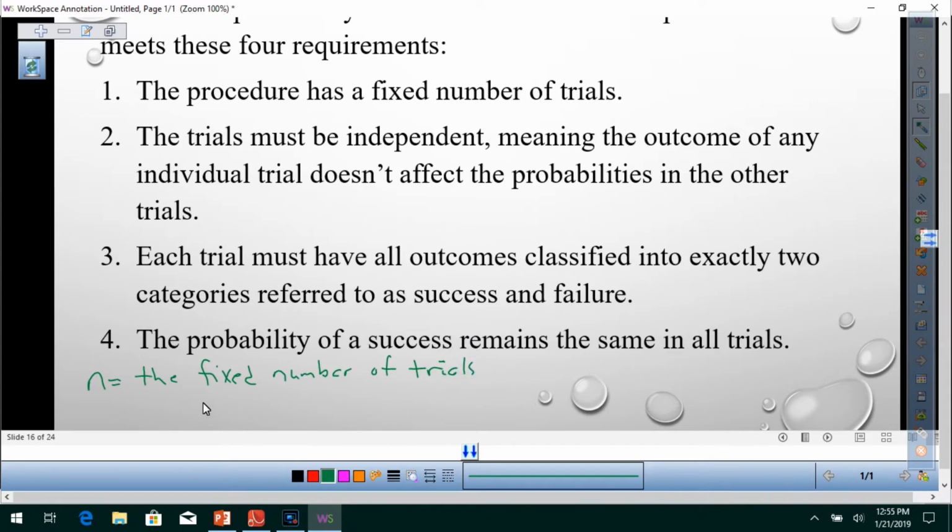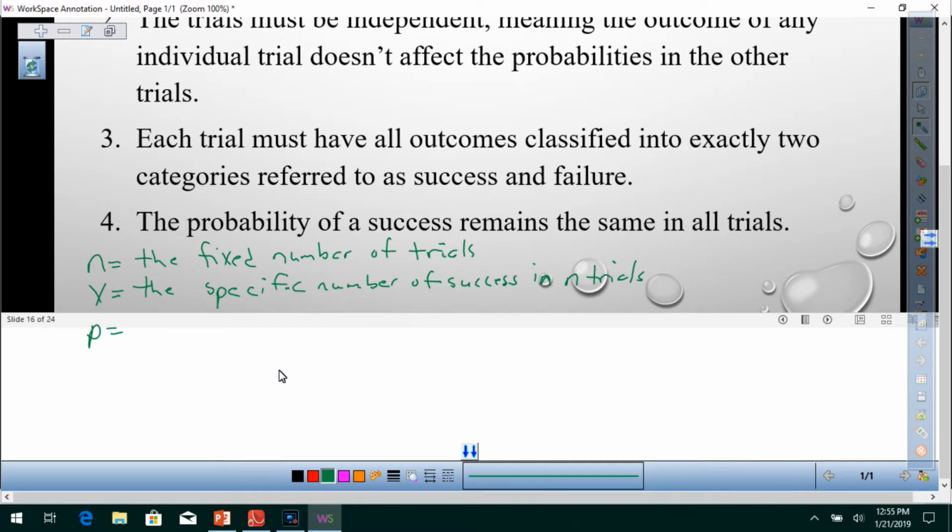There's also X, the specific number of successes in N trials. You also have P. P is the probability of success.